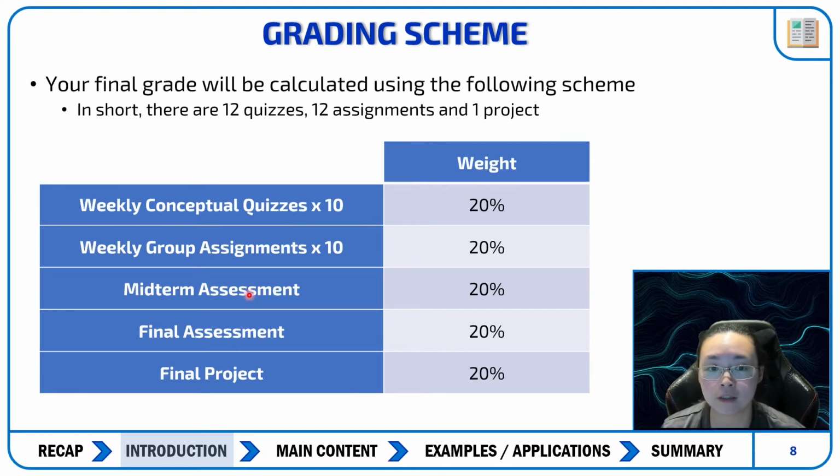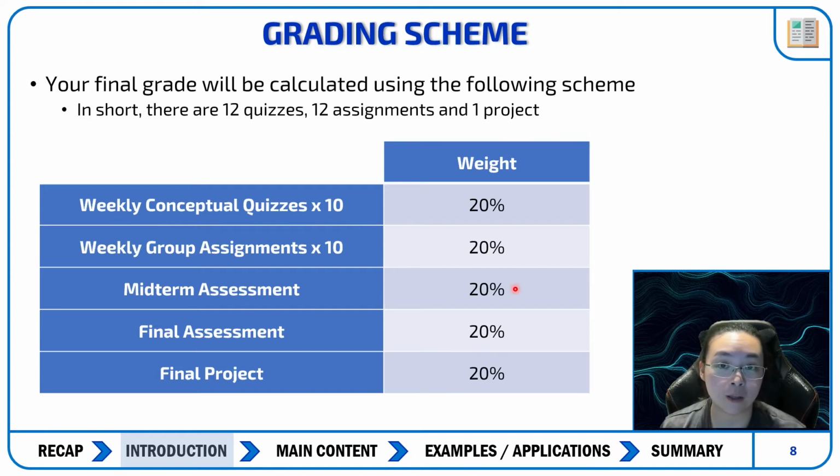So it's cumulative from the previous 5 weeks. So in short, you have 5 weeks of quizzes and assignments, and for the 6th quiz and the 6th assignment, it's going to be cumulative and it's going to be larger. And that individual quiz and that group assignment together for that week will be 20% of your grade.